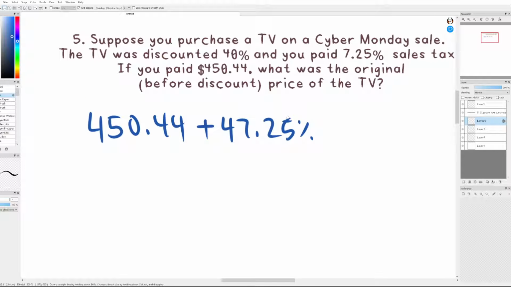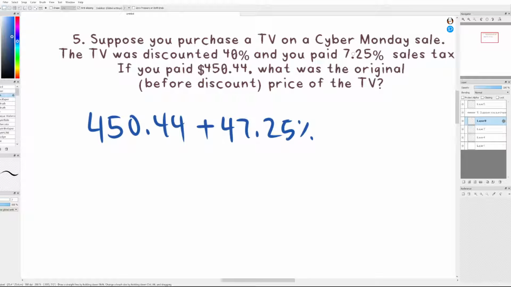However, our original price is going to be a bigger number than the sale price that we have right now. And 40% and 7.25% of a larger number is going to be larger than 40% and 7.25% of a smaller number. So this is not something we can do.